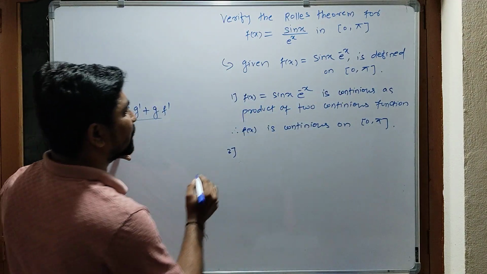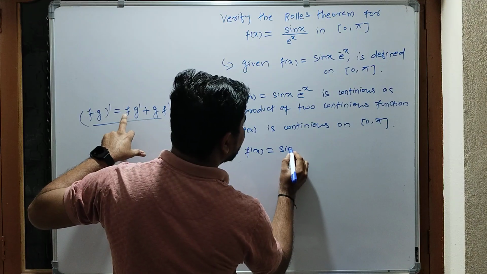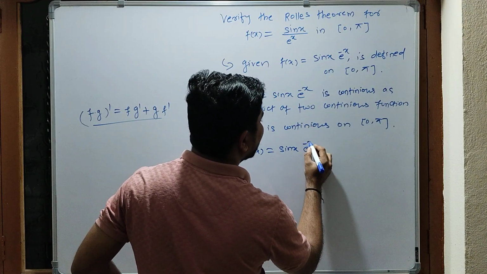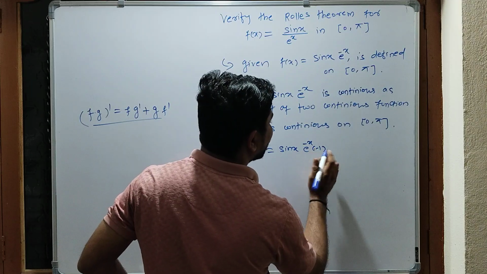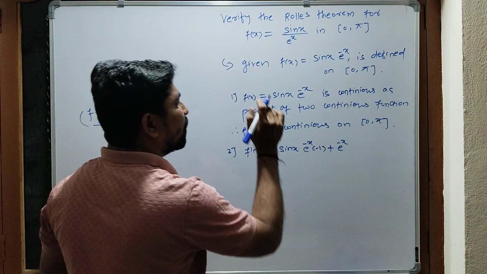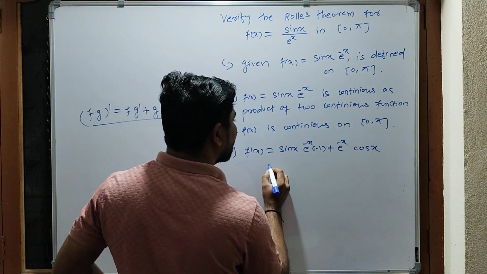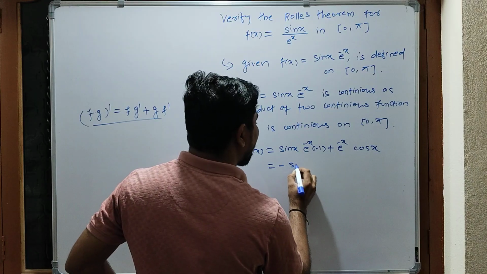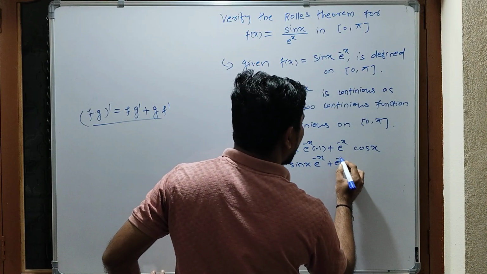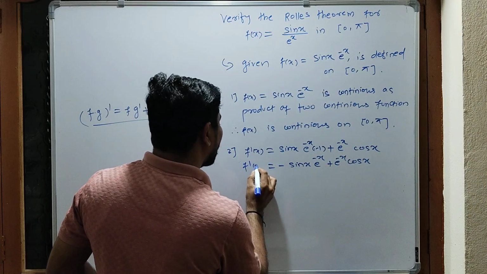So f dash of x equals first function as it is into the derivative of the second function, that is, the derivative of e power minus x is e power minus x into minus 1, plus the second function as it is into the derivative of the first function, that is, the derivative of sin x is cos x. So this is equal to minus sin x e power minus x plus e power minus x into cos x. This is my f dash of x.